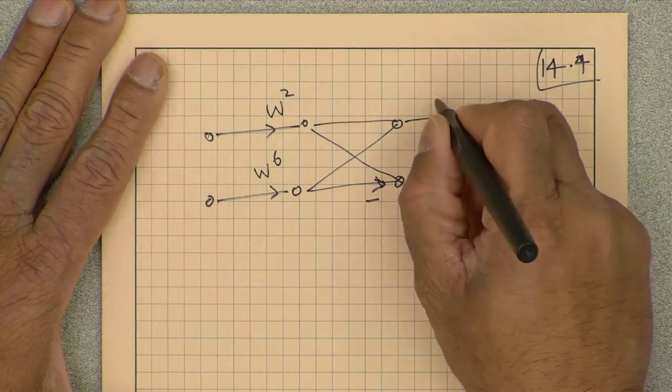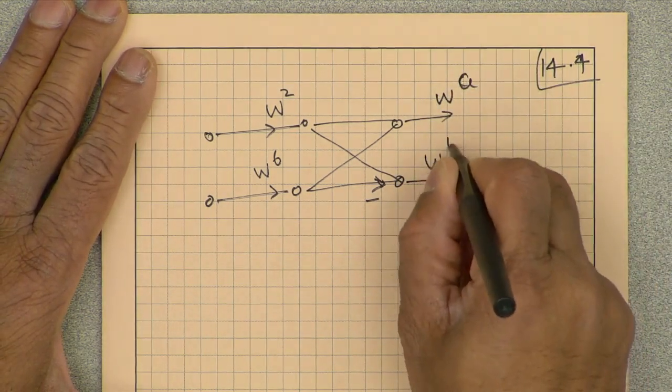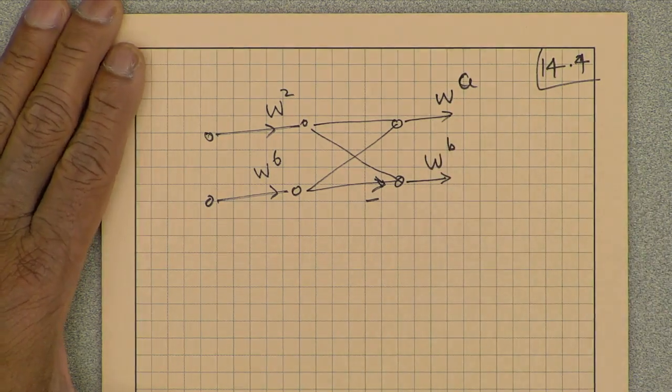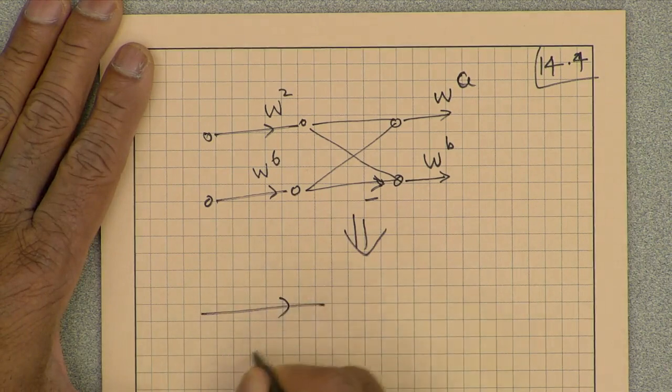I don't really know what they are, but let's say there is a twiddle factor W to the power A, W to the power B. Okay, so then this can be equivalent to something else.